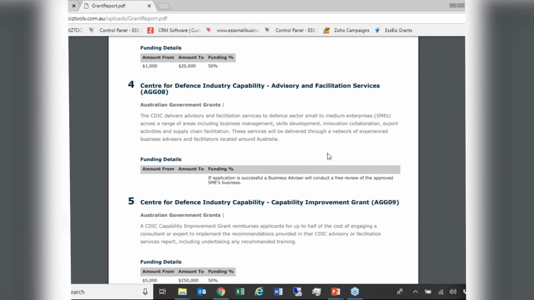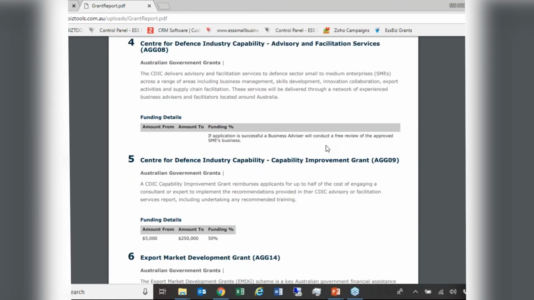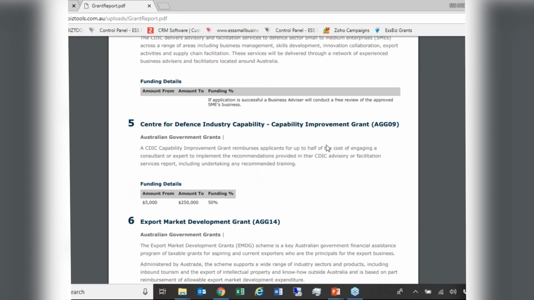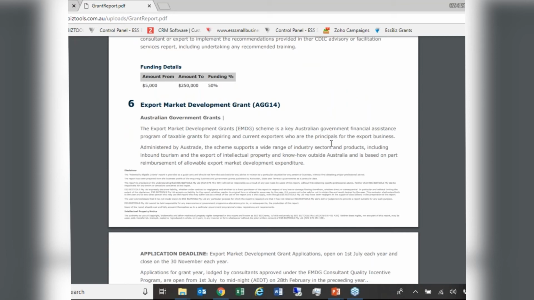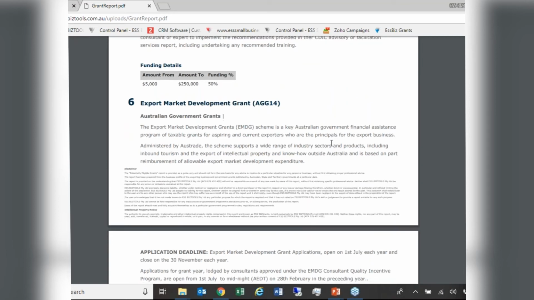We then have the Centre for Defence Industry Capability, an overview of how that grant operates, and then a specific commentary on the Capability Improvement Grant that's available from the defence industry. And we have the Export Market Development Grant, because you might recall that we indicated that this business was an exporter.